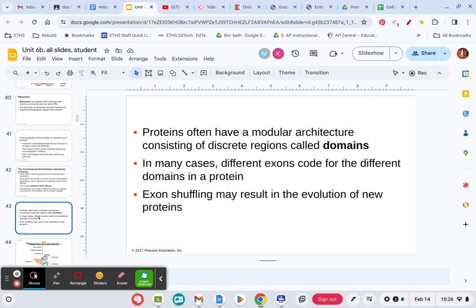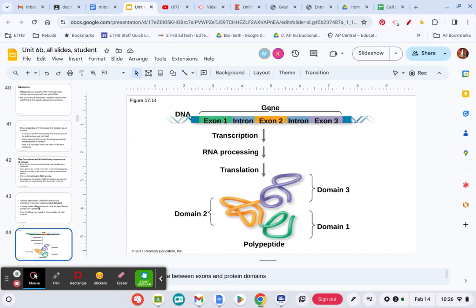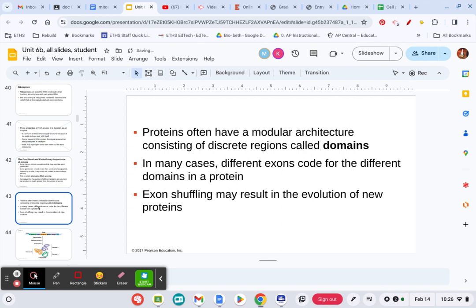So, a different part of the structure. Domains are areas that have a particular three-dimensional shape. And you can change these up, right? So you can take out one exon, and that will take out one part of the shape, and it'll give you a different protein.